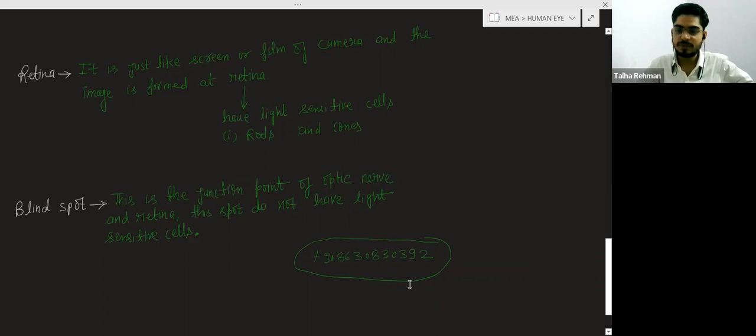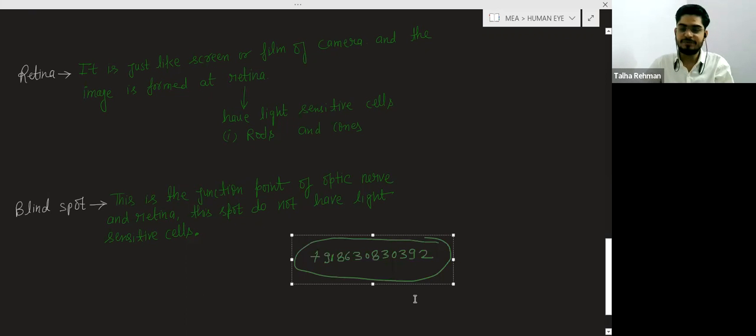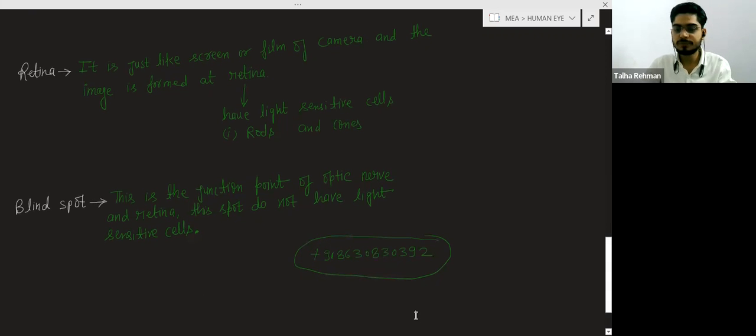Write down the names, and you can send. It is better to send the solution in the form of PDF. Where should we send? On this number, WhatsApp. This is my WhatsApp number. I don't have your number.